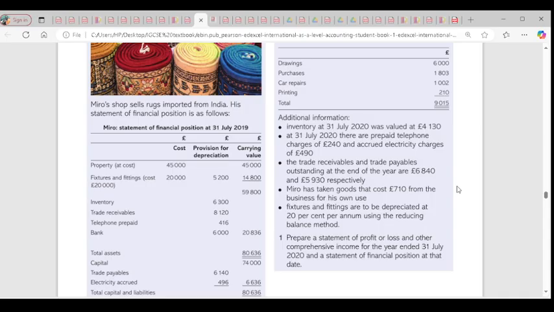You check it on your statement of financial position: 6,140. It will be on the debit side. So this plus this gives us, on this debit side, 32,061 plus the outstanding 5,930, which gives us 37,991.